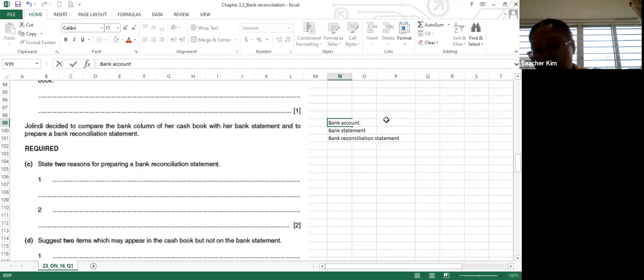So the bank account is actually the record done by the business to record all the transactions made.